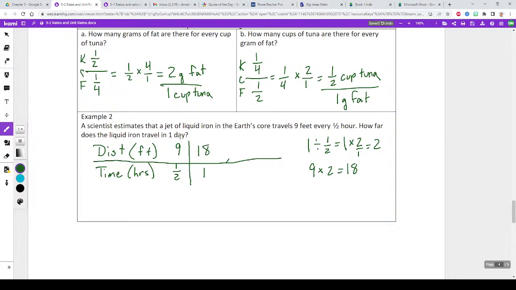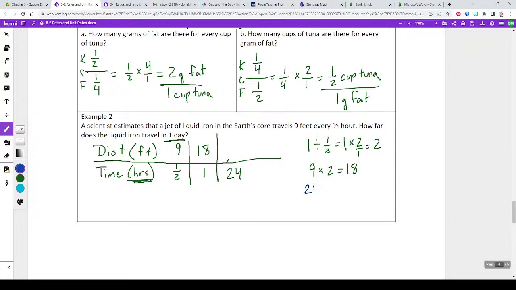Then it tells us, how much does the liquid iron travel in 1 day? Well, notice our table is in hours. So we need the number of hours in a day, which is 24. This is actually pretty simple: what would you multiply 1 by to get 24? Now, I asked that question and I realize that some of us might freak out and go, that's not really simple after all.